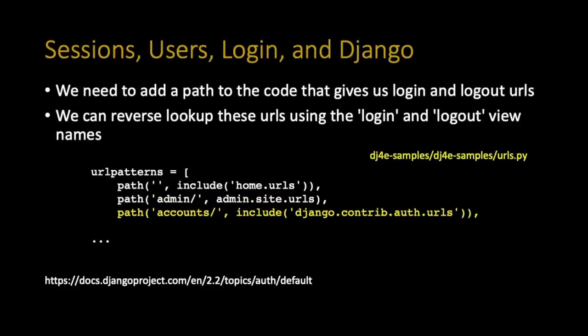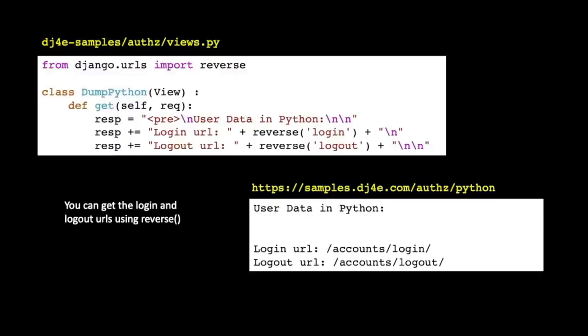Also for the login and logout, you're going to have to add a path to your project-wide urls.py. This is not in any of your applications. This is in your Django project. And you add a path, and there's a bunch of URLs, and that gets all registered, and a whole bunch of wonderful magic happens at that point. And so that's how these URLs are activated in your Django project.